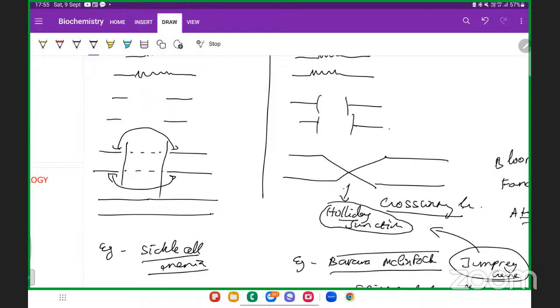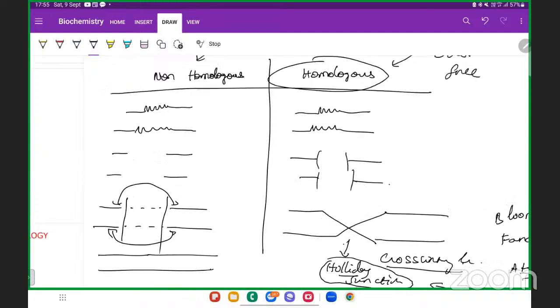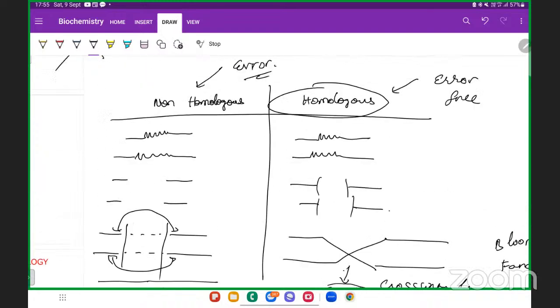I want you all to remember, now you have two important causes of severe combined immunodeficiency. One is a problem in the adenosine deaminase enzyme, and the second is failure of the non-homologous repair mechanism. Is it clear? Those are the two important things I told you regarding SCID till now.